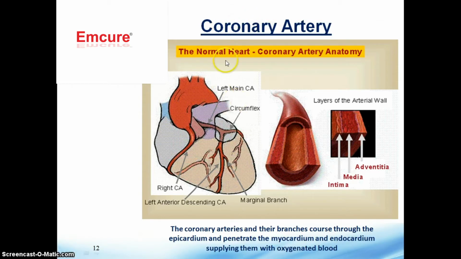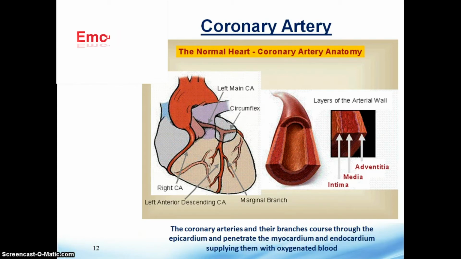Now it is from the arch of the aorta that the major coronary trunk comes out, and which divides into the right coronary artery and your left coronary artery. This right coronary artery further divides into 2 branches called the marginal branch, and the one which supplies the posterior half of the heart is called the posterior interventricular branch.